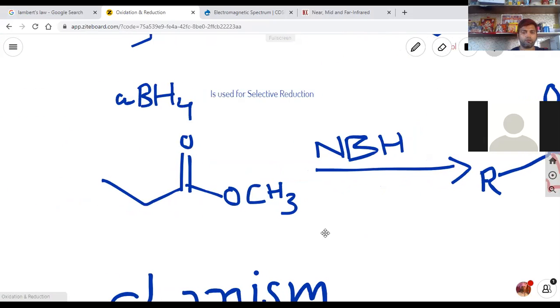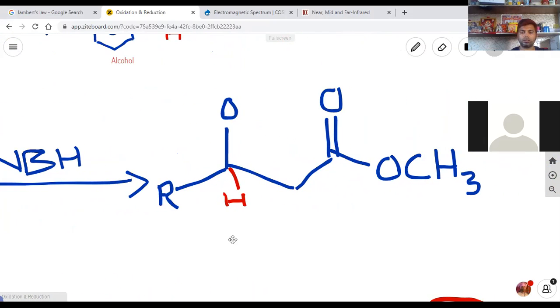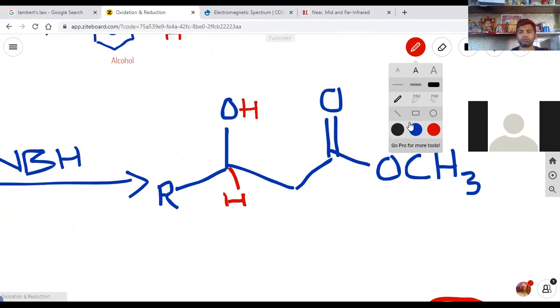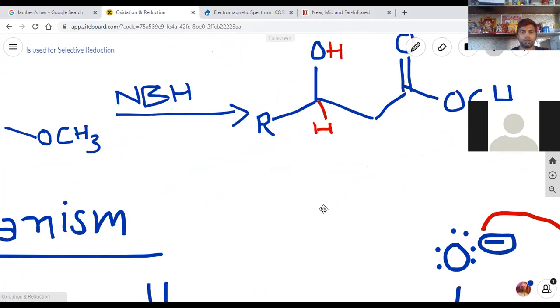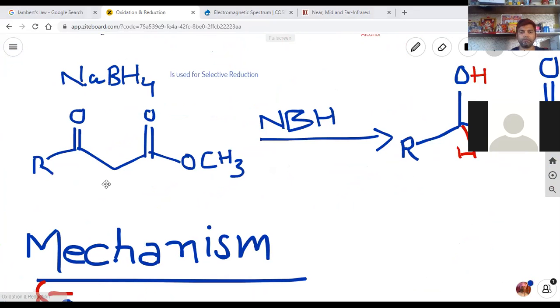Here, I think I forgot to write. This will remain untouched. This will be reduced. It will become OH. So it is a selective reducing agent.